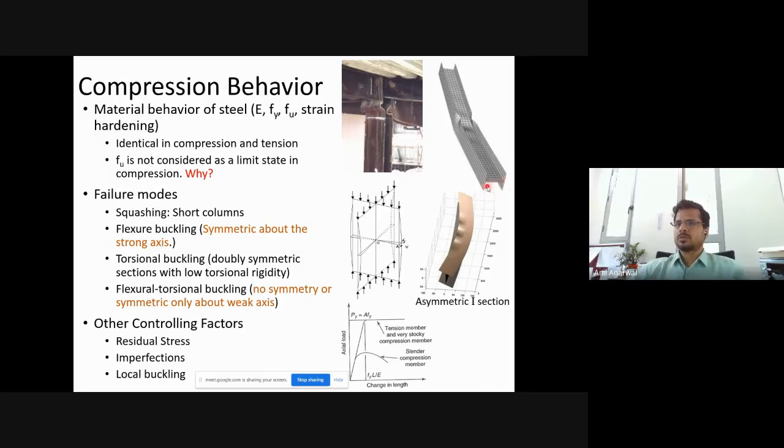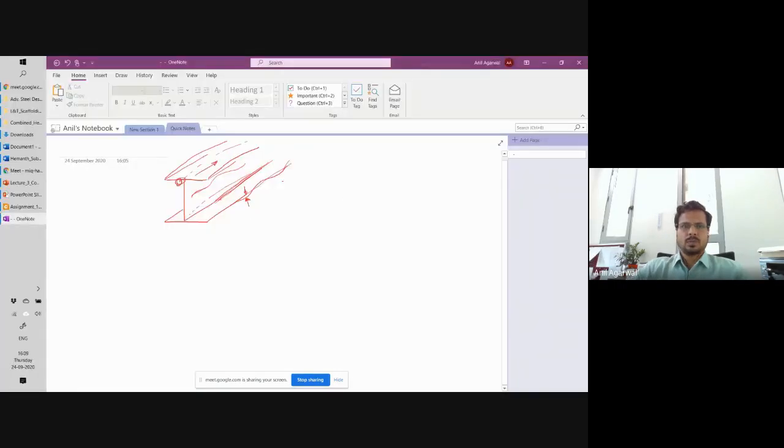Okay. Now, of course, the boundary conditions also play a role. So for example, if I take the depth of the web, call it D, divided by TW.